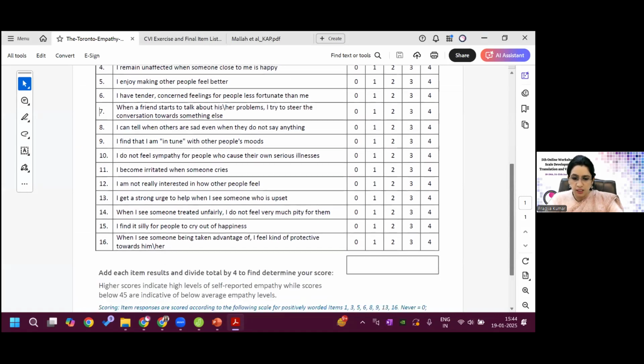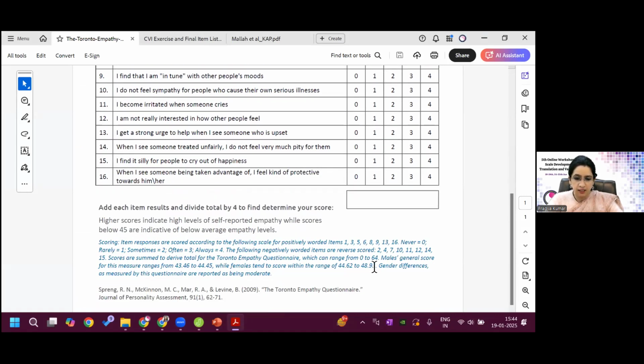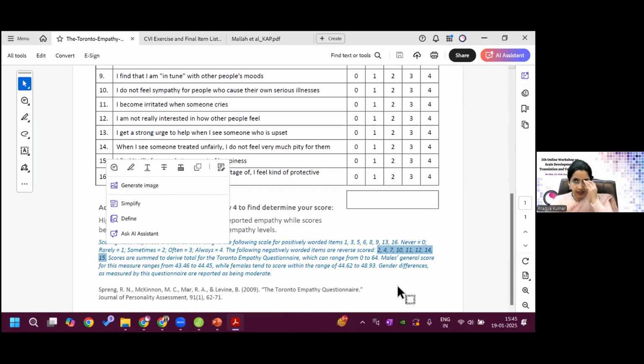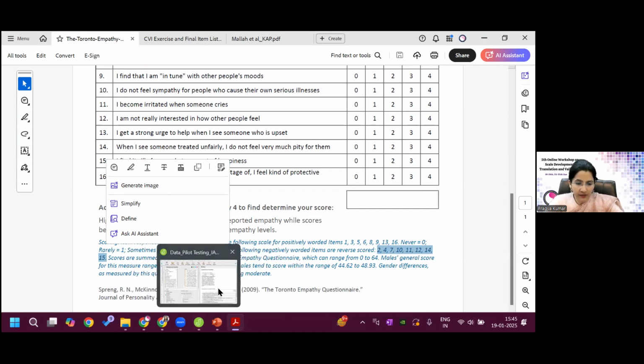And the scale is saying that items 2, 4, 7, 10, 11, 12, 14 and 15 are the negatively worded items. So I will now reverse scale these items because they are negatively worded.